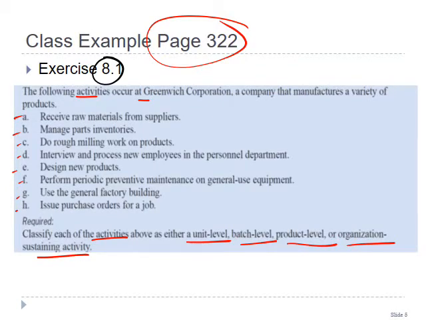Let's solve our first one: receive raw material from supplier. That is best categorized as batch level, not unit level, because you are not producing any unit; you just receive a batch of raw material, right? You order raw material in a batch, not for a single product.